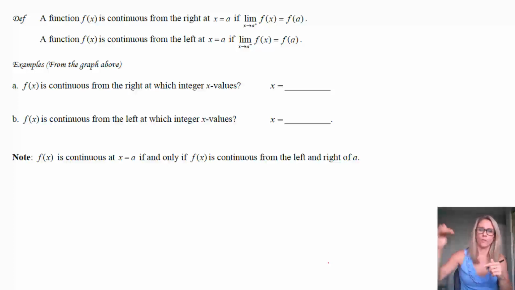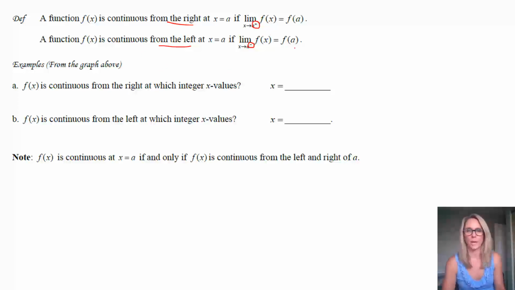And the same thing, so from the left or from the right. The key thing to see here is you only have to be continuous coming in from that one side, because you're talking specifically about being continuous from the left or from the right, but you do need to have an actual value there. It can't be a hole or an infinite.